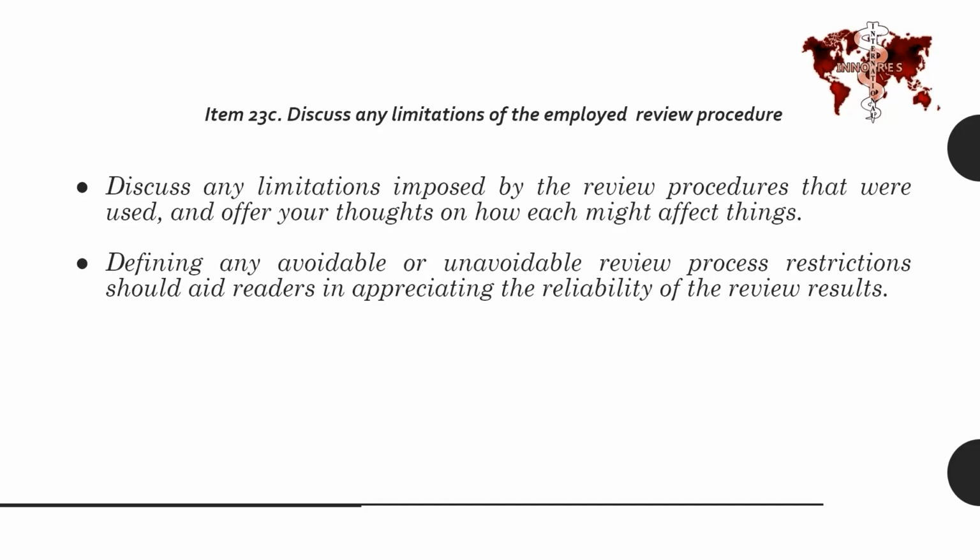A decision to search only a small number of databases would also be a limitation, or a decision to have one reviewer screen records. Other limitations could also be an inability to access all potentially eligible study reports, or perhaps encountering unclear information and not reaching out to the authors to clarify such unclear information.